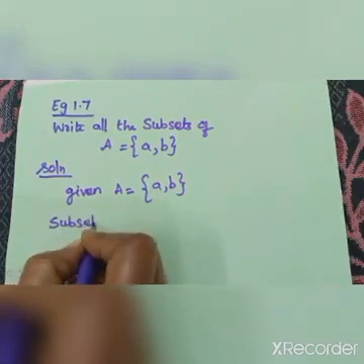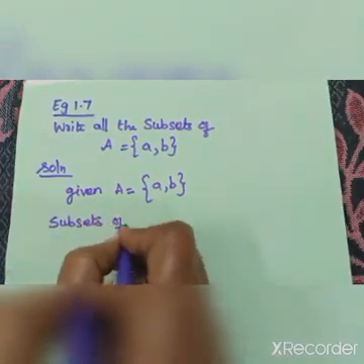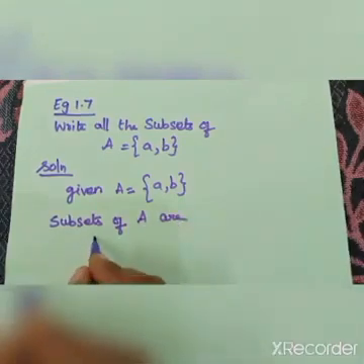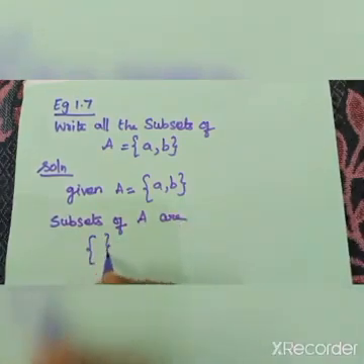A are, first of all, the empty set can be written. The empty set is a subset of every set, so it can be written first. What is meant by the empty set?